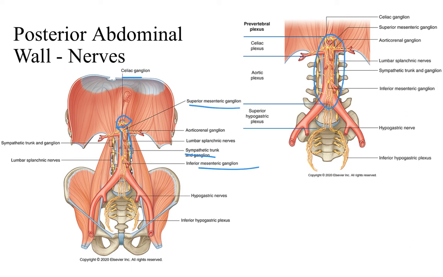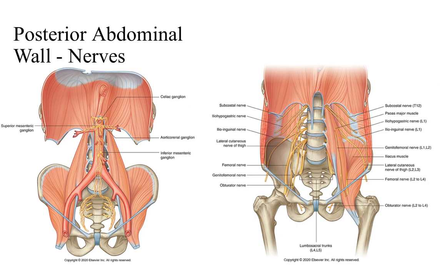And of course, you see your sympathetic ganglion here on either side of the vertebral column that we've discussed previously. And then here we see many of the nerves coming out of the spinal cord, including those that take part in your lumbosacral plexus that go down to the pelvic region of the body, as well as to the lower limbs.